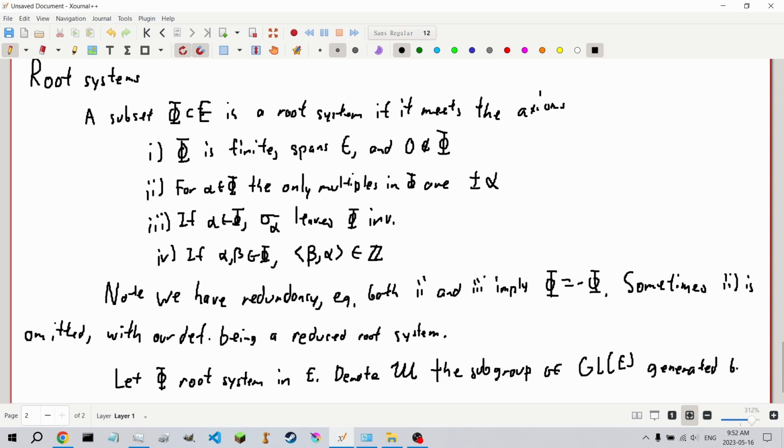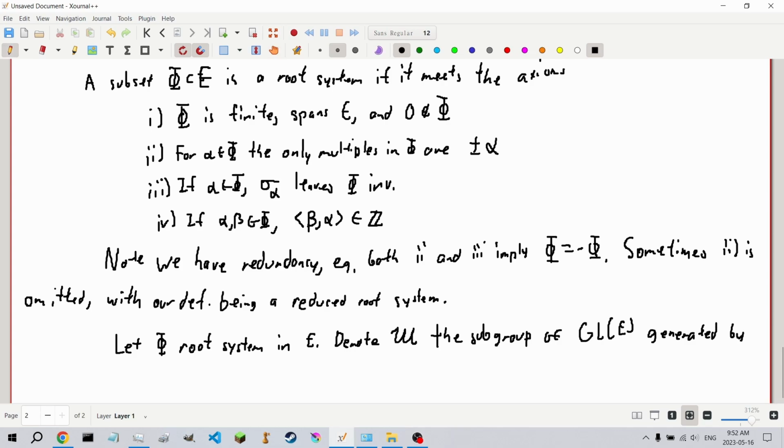Generated by our sigma_alpha for alpha in phi. By condition 3, our W permutes our root system, which we recall is finite and spans E.